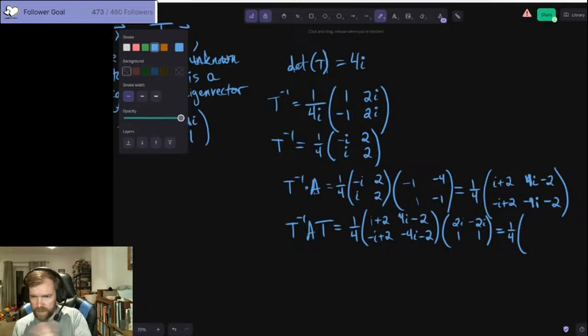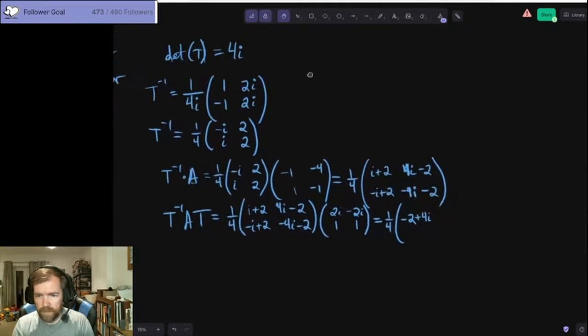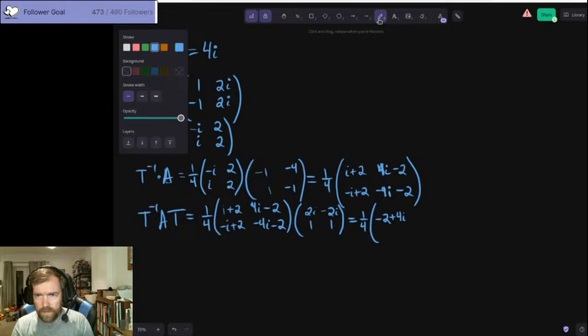Here we get 2i times i is going to be a -2. Okay, plus 4i. And then we get 4i minus 2 multiplied by our 1 at the bottom.